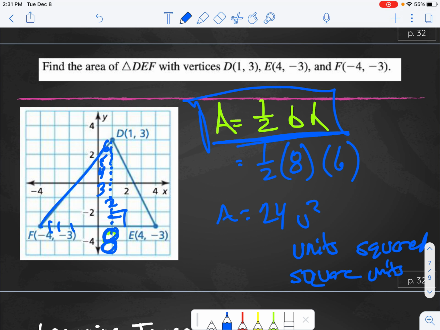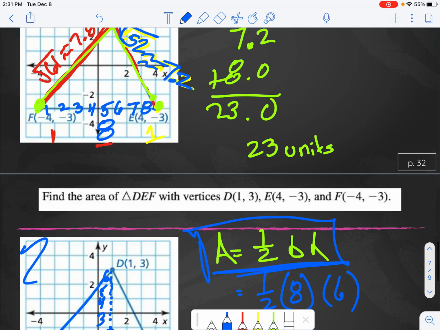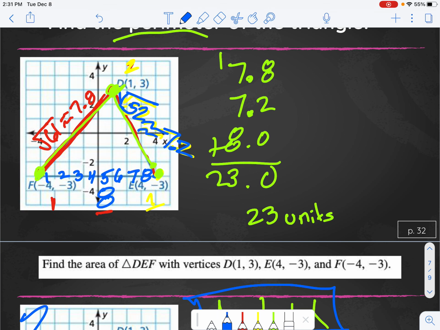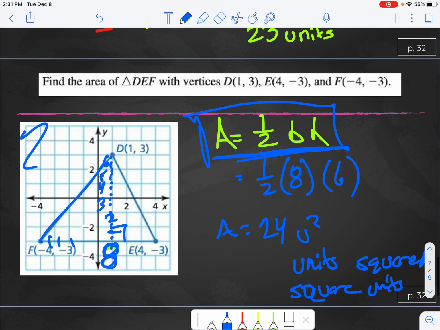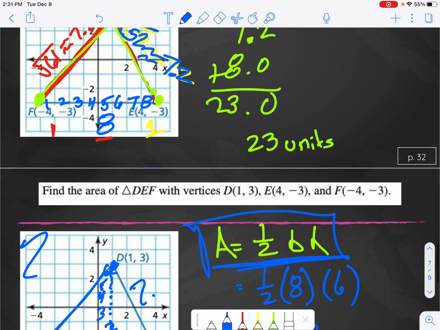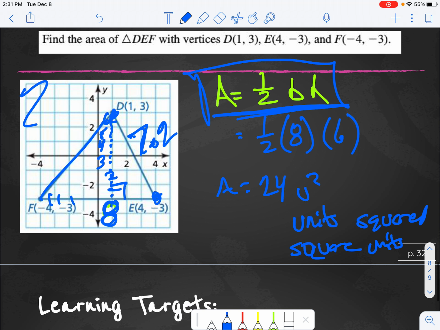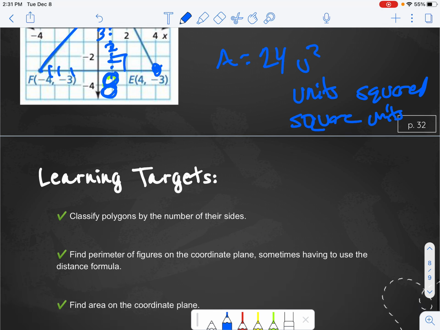And really what we're adding on to it is that instead of just giving you a shape on a blank piece of paper and saying find the area, we're giving you a shape on the coordinate plane, like on here, or up here, and saying you need to do a little bit of work now to find the distance from here to here. We're just not going to tell you that this equals 8, or 7.2. You need to do a little bit of work using that distance formula to find what that is, and then apply what you know with those area formulas.